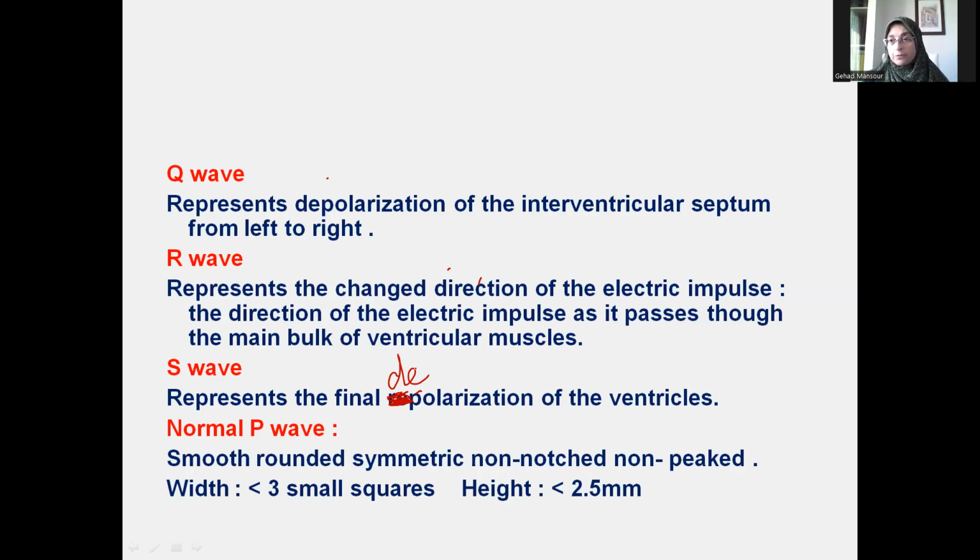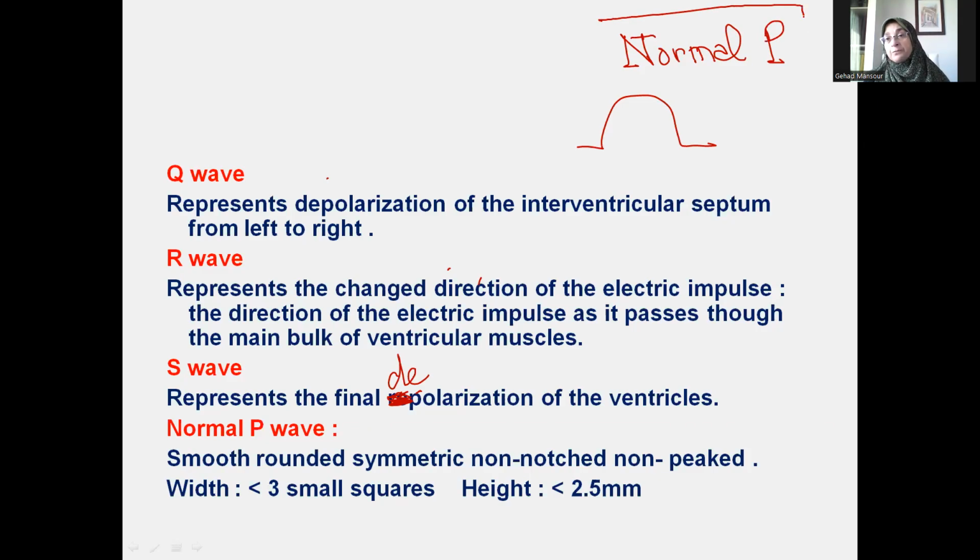You should also know the properties of a normal P wave, because when you say, for example, that this is not a normal sinus rhythm, like in atrial flutter or in atrial fibrillation, then you cannot have a normal P wave.